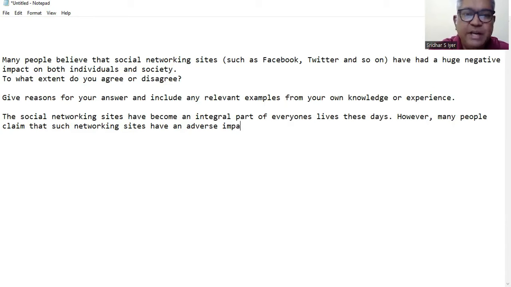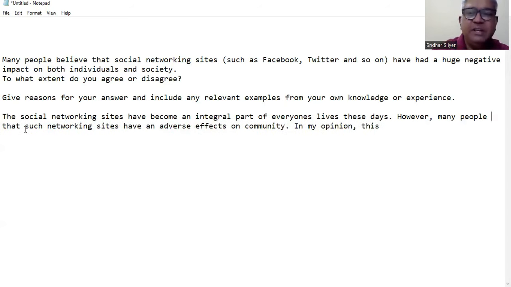So they already mentioned impact, effects on community. Change it to community. So I'm not claiming it, because it is said that many people believe. So I have to say in those aspects. Or believe, you can change it to even think.